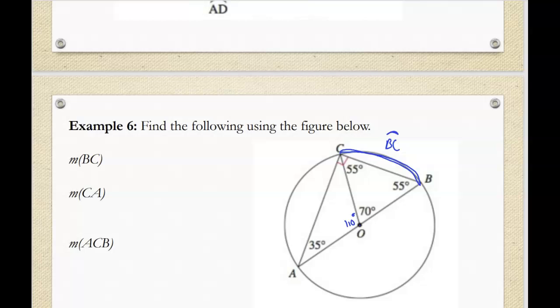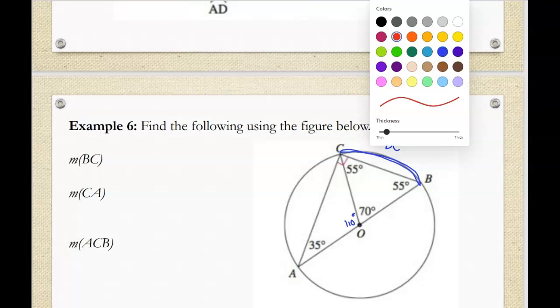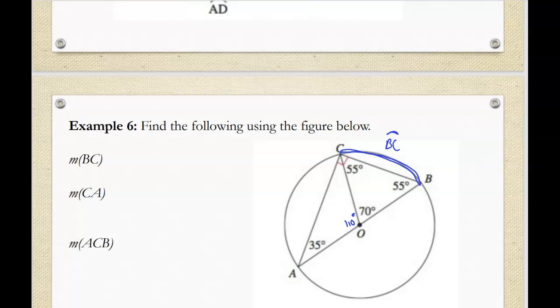Now, if I'm looking at it the other way, say B to C on this other side, making it a major arc, B to C, then it would be 360 minus 70, which would be 290 degrees.